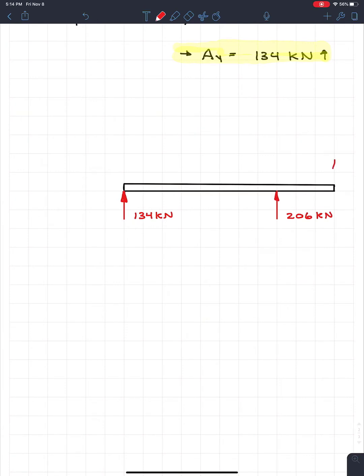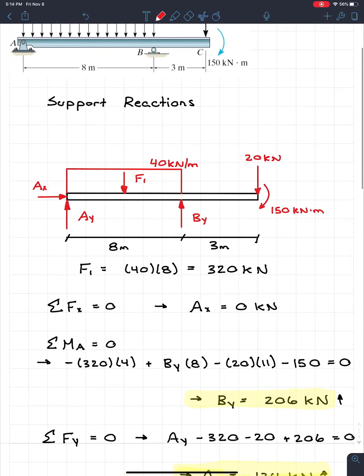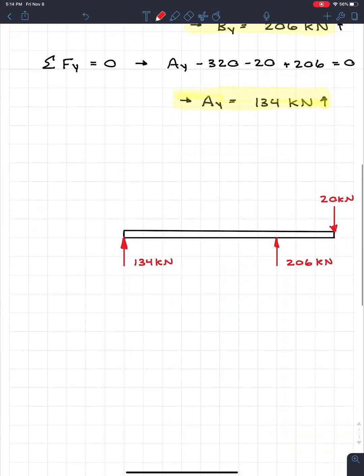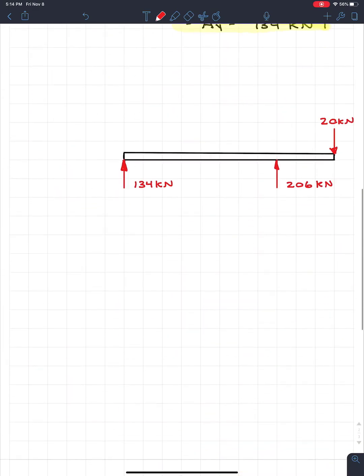At the end of the beam, we have a point load of 20 kilonewtons, and then we have a distributed load across the 8 meters of that beam. So I'm just going to draw a distributed load over a span of 8 meters, and this load has a magnitude of 40 kilonewtons per meter.